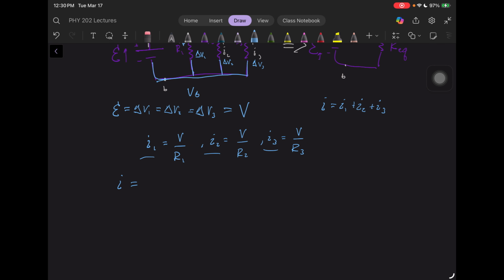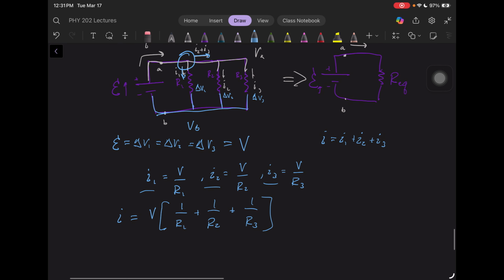And so we have I is equal to I1 plus I2 plus I3, which is going to be V over R1 plus V over R2 plus V over R3. I'm going to factor out a V and then make that 1 over R1 plus 1 over R2 plus 1 over R3. Okay. And so we have this equation here.